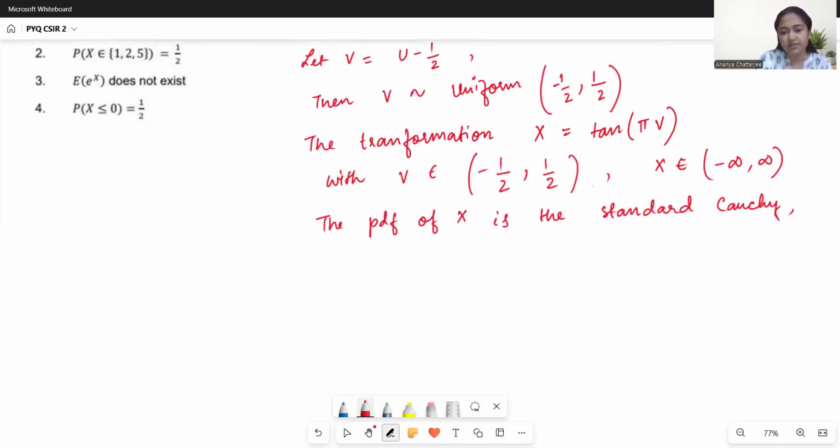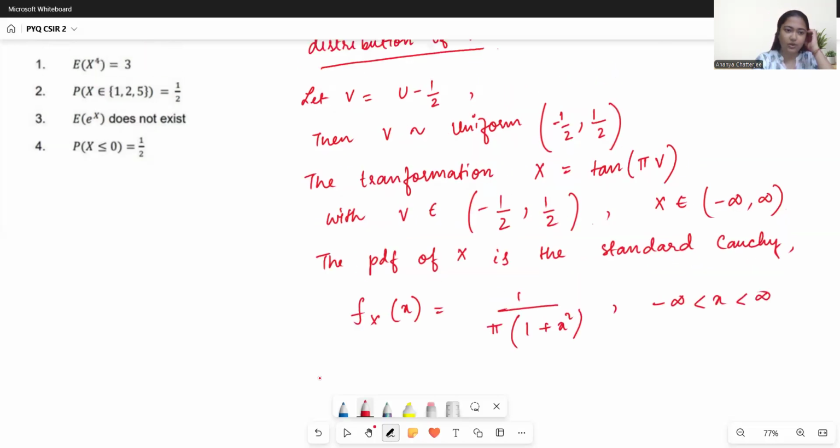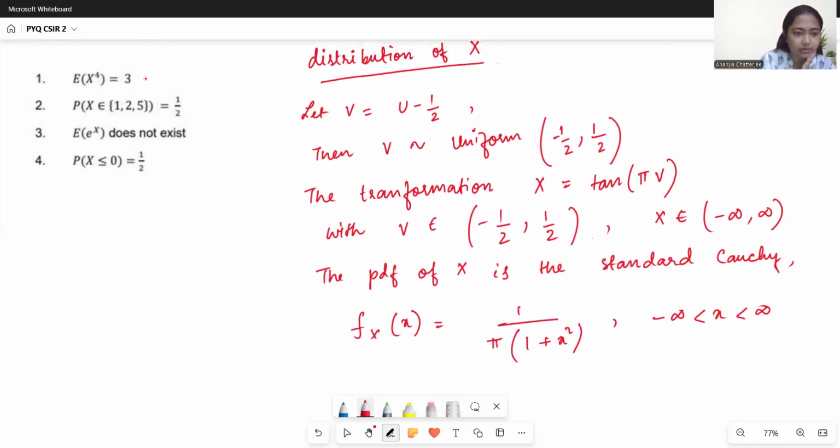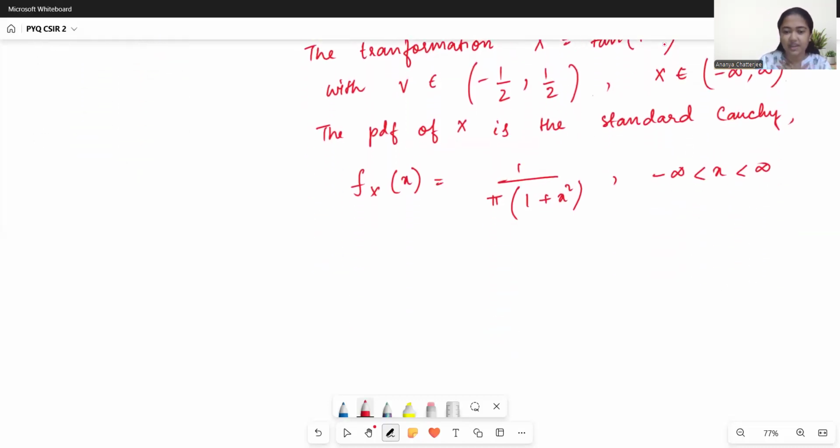Now what is the PDF of a standard Cauchy? That is f of x is equal to 1 by pi times 1 plus x square, for x from minus infinity to infinity, right? Now here we evaluate the first statement, that is expectation of x to the power 4.